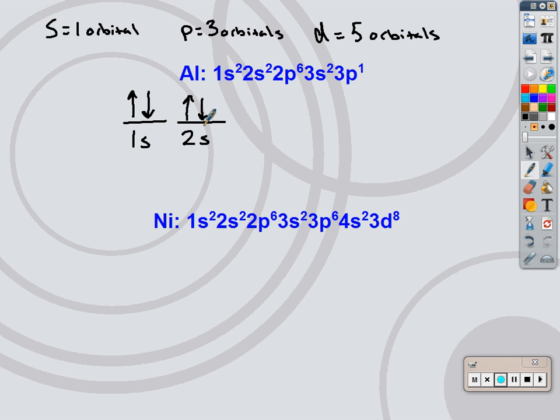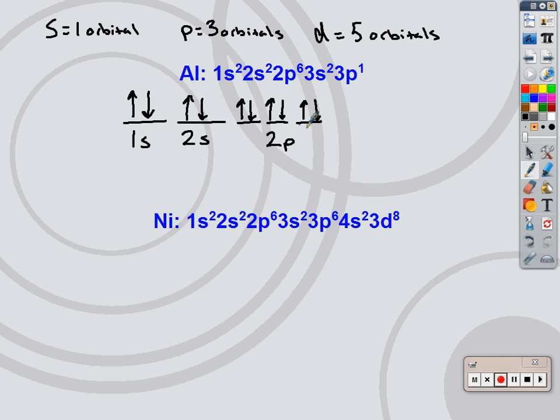When we get to the p orbitals and the d orbitals, we have to actually do a little bit more work. We have to recognize that 2p is actually a set of 3 orbitals. To get those 6 electrons into it, we put 2 in each orbital, spinning in opposite directions.